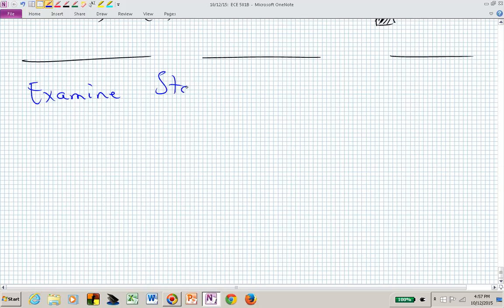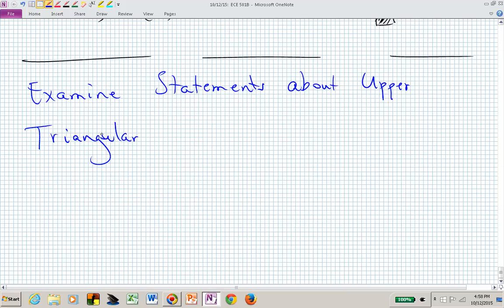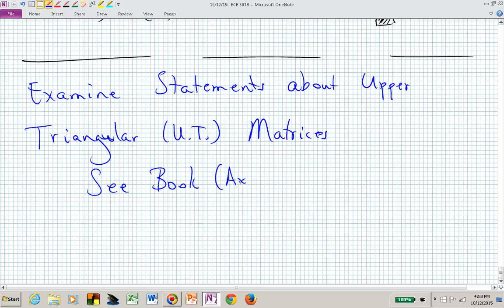Examine statements about upper triangular matrices. And you can refer to the textbook by Axler for the proofs.